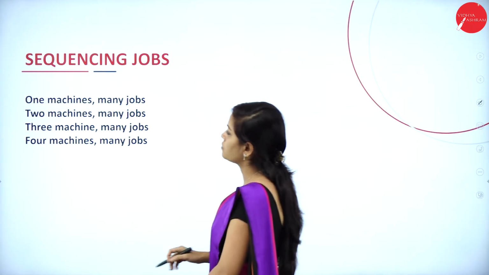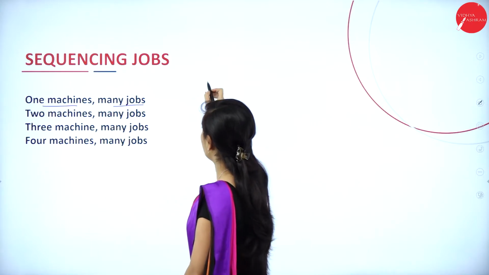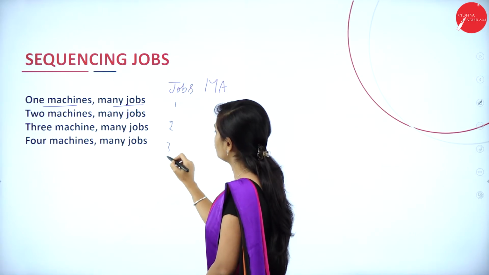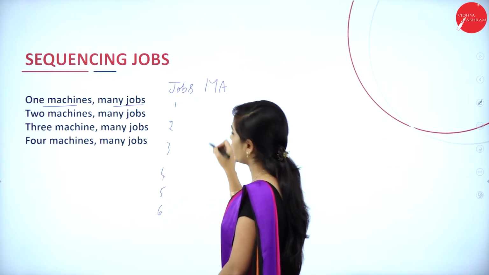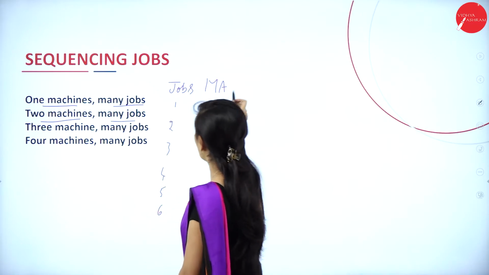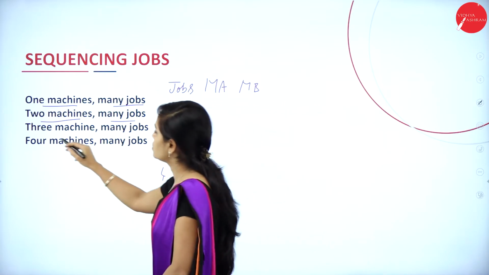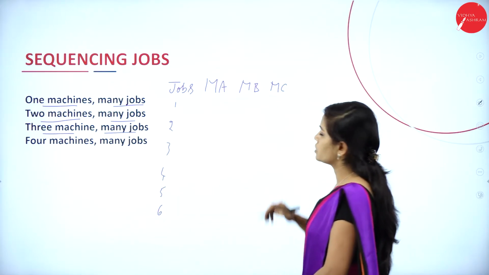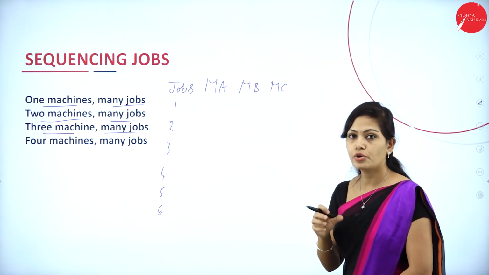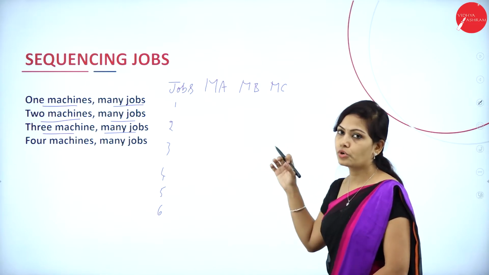In sequencing jobs, we have different types. That is one machine, many jobs: one machine, for example machine A, and many jobs, 1, 2, 3, 4, 5, 6, 7, 8 and so on. Then two machines, many jobs, for example machine A and machine B. And three machines, many jobs: machine A, machine B, machine C. For this also we can find the total processing time, and Johnson's rule helps reduce the total processing time.